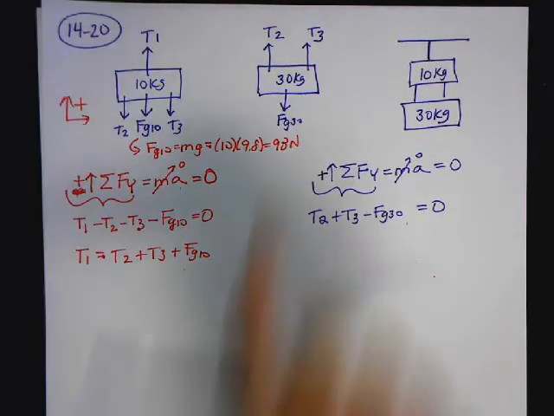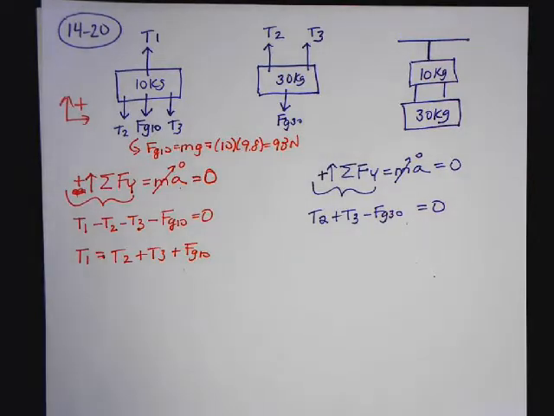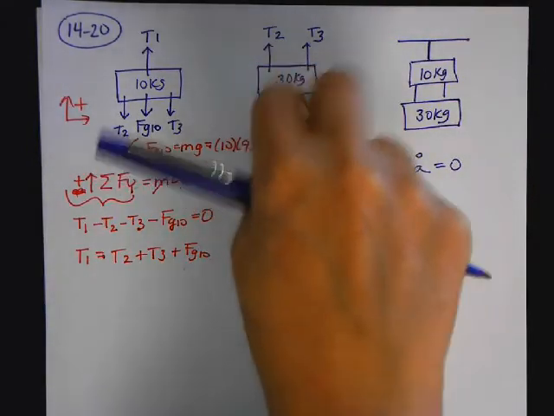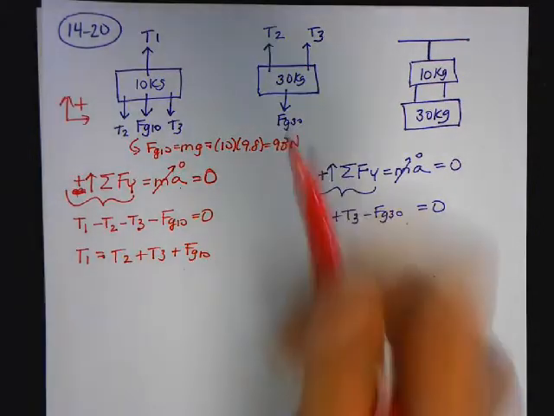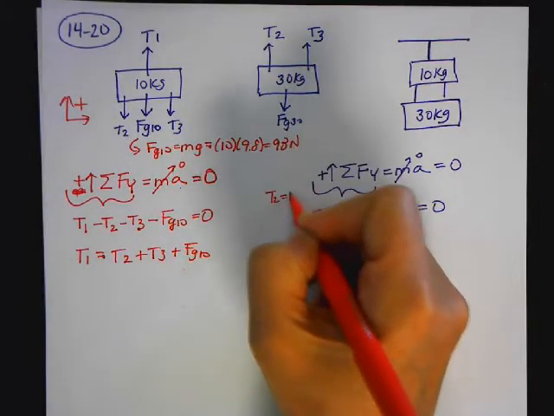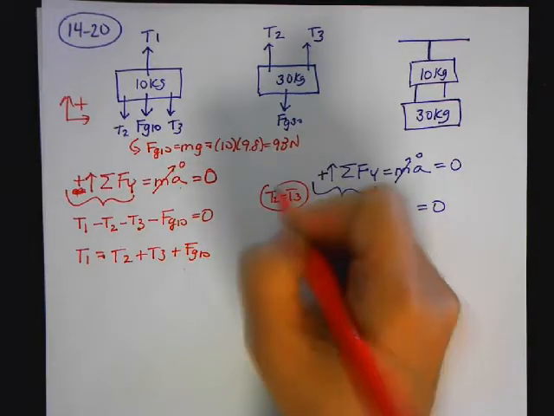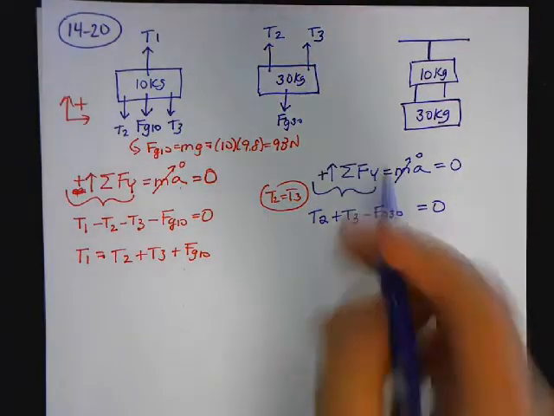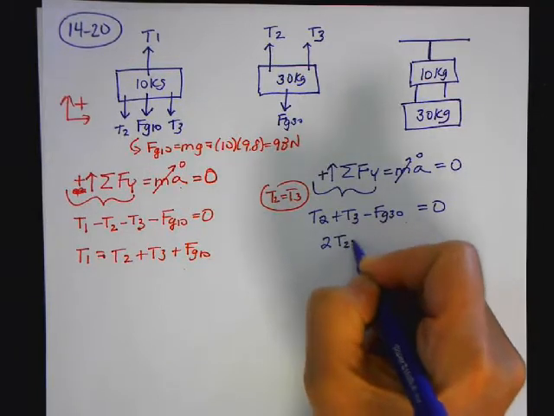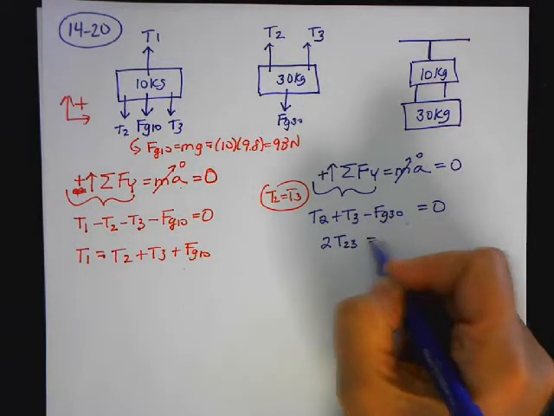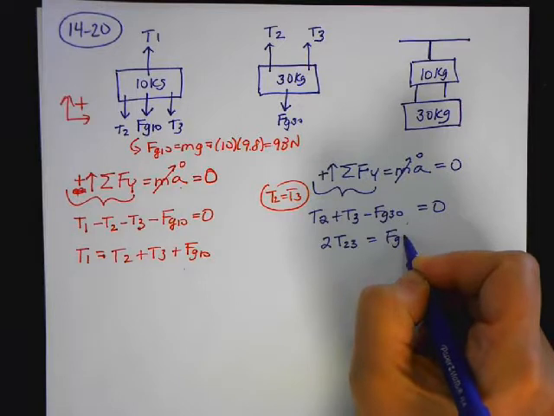Now, when I look at this picture, these are equal ropes, these are distributing the weight equally. So T2 is equal to T3. So that's the hardest part of this, even though I don't know what it is. So because they're equal, I'm just going to call it T23. So I'll say 2 T23 is equal to FG30.